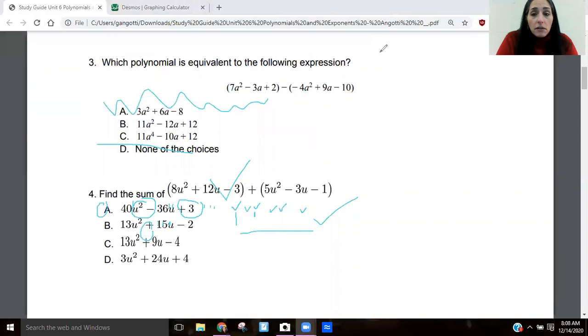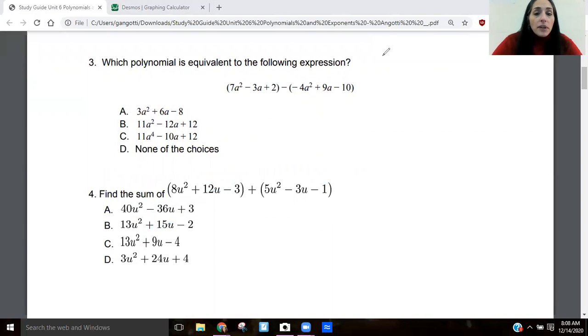Clear. All right, number 3, which polynomial is equivalent to the following expression? So you need to distribute, that's the big one with this one. We need to distribute, I would like a different color. Let's go green. Distribute this negative to each one of these terms.